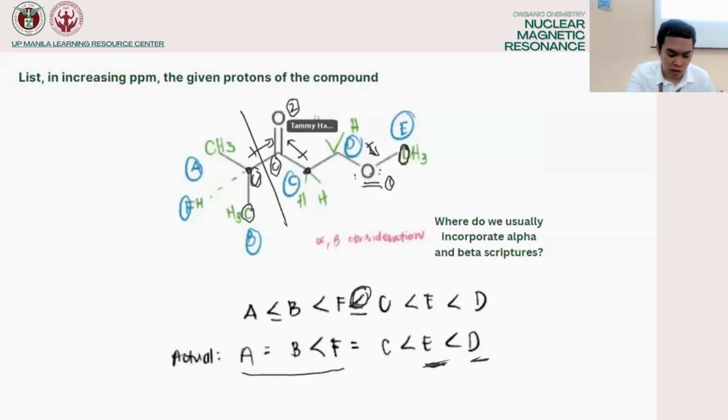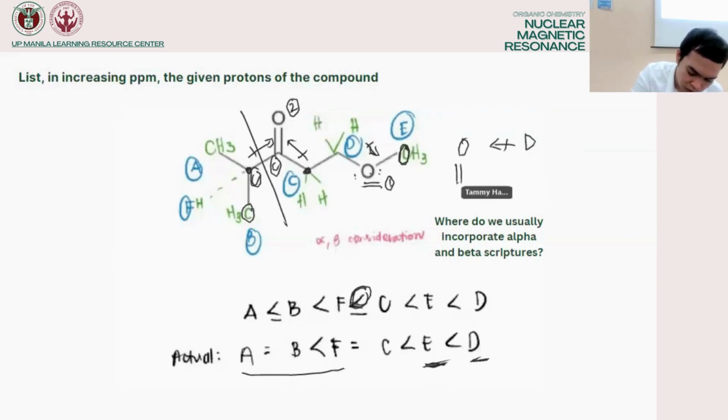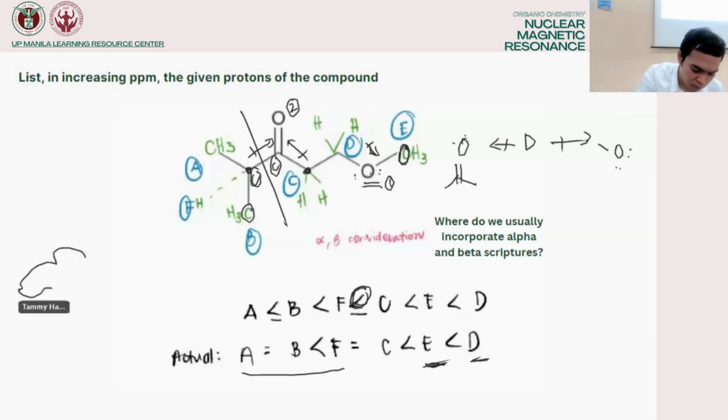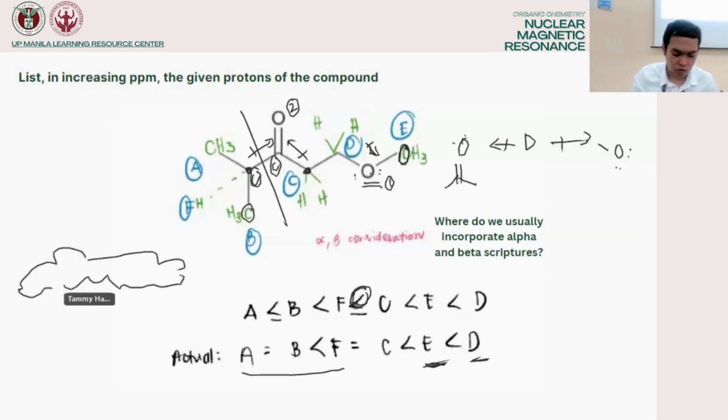So si letter D, para siyang napupul ni oxygen from your carbonyl group. And then, napupul rin siya ng oxygen mo dito. Kaya si D ang pinaka-deshielded kasi dalawa. So we know naman, di ba, kapag molecule, ang electron cloud usually pahaba, depende. So yun yung i-visualize ninyo. So you have to see the proximity kapag tinitingnan yung chemical shift.